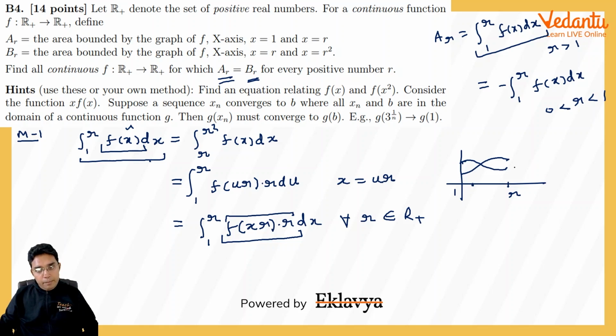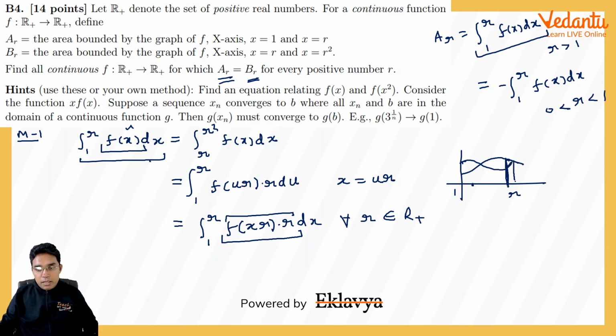But suppose for some r these integrations become the same, and now I increase r by some small value, and one goes like this, the other goes like this. So up to this point their integrations were the same, but after that they will not be the same, because one function is going like this, one function is going like this.